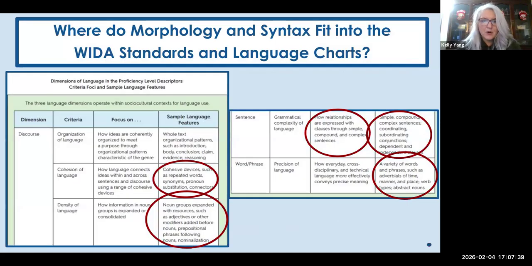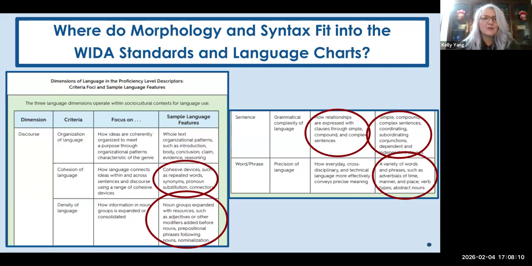So before we get started, we thought we would anchor us with looking at the WIDA standards and the language charts, and where do syntax and morphology fit? And you can clearly see with what I've circled that syntax is everywhere within these language charts and within our standards, from the word level to the paragraph level.